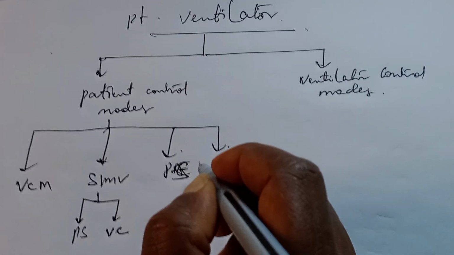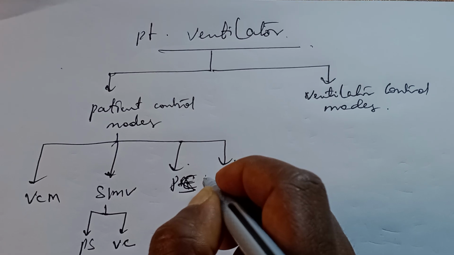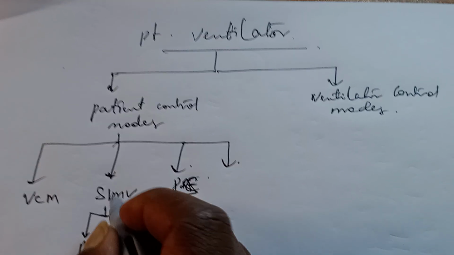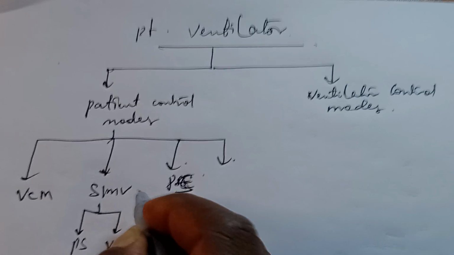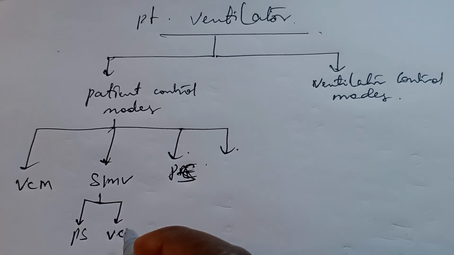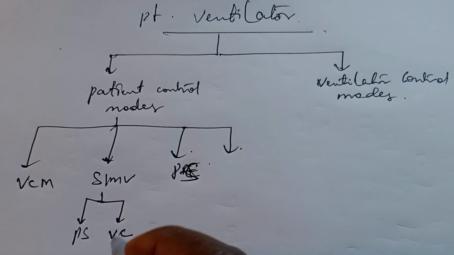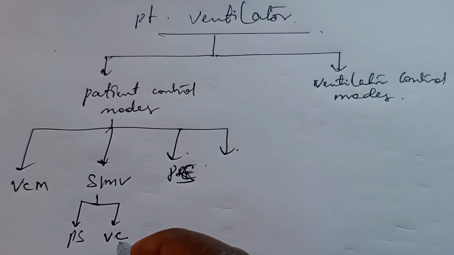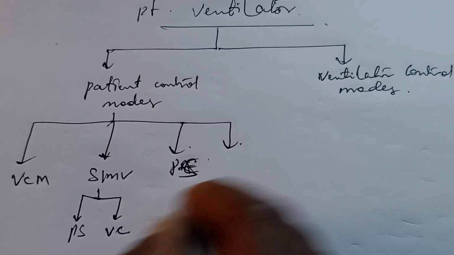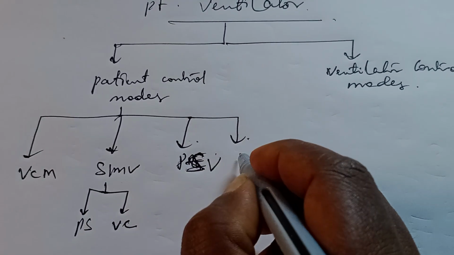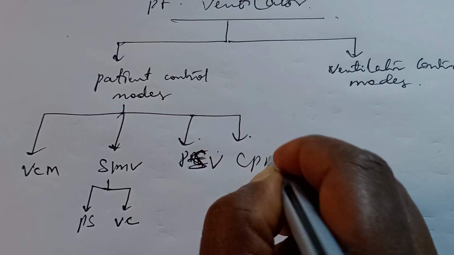This is pressure spontaneous support. SIMV, synchronized intermittent mandatory ventilation. SIMV mode has pressure support and volume control, and volume support, pressure control also is there. This is PSV. Next CPAP.